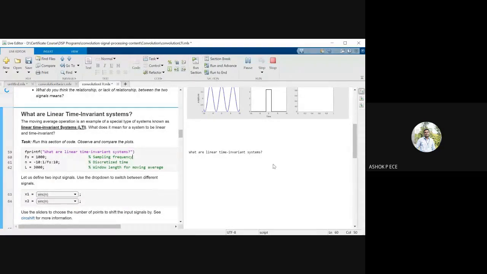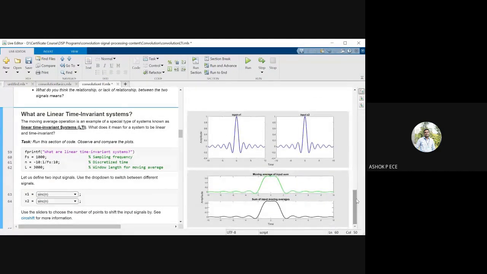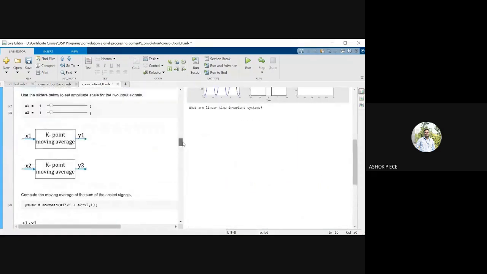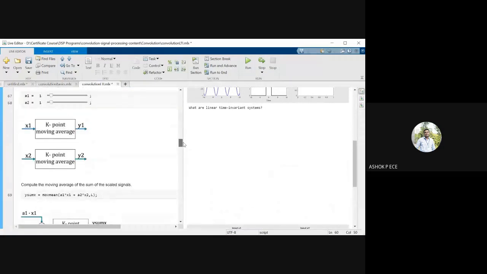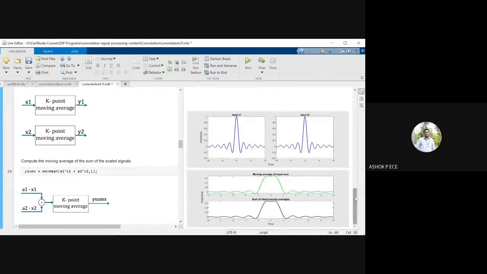Same thing is given to you as a visual thing. So see here, the output. This is your input, sync, sync. Both are same, right? Now you see individually what I am doing. I am adding a1 into x1 plus a2 into x2. That is my third signal.